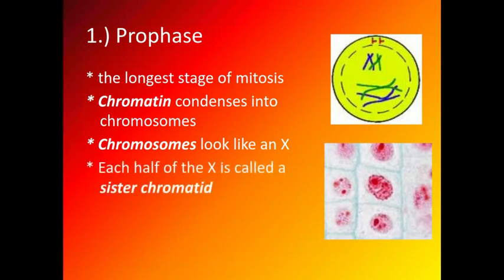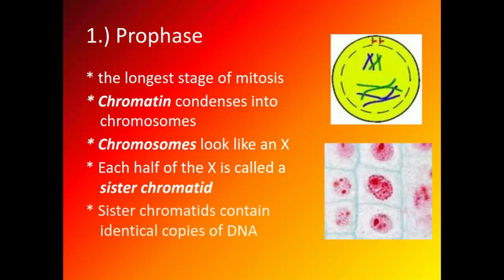And if we took a half of a chromosome, so each half of the X is called a sister chromatid. Sister chromatids contain identical copies of DNA.